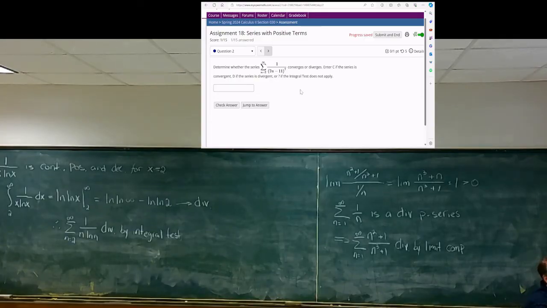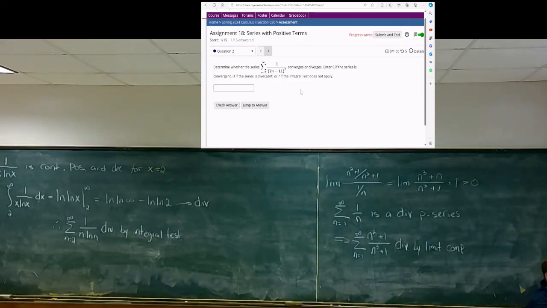But it starts at 2, so is it continuous? So n greater than or equal to 2. And so would it be continuous for n greater than or equal to 2? Yes, it's not undefined. Is it positive? Yes. It'll always be positive. Is it decreasing? Yes, it will be decreasing. So integral test does apply.